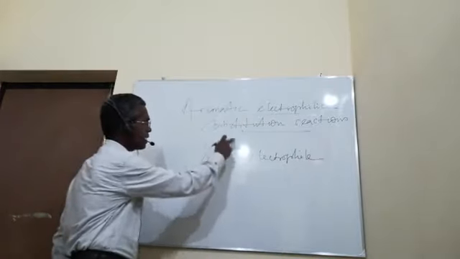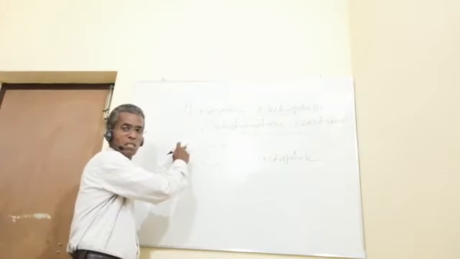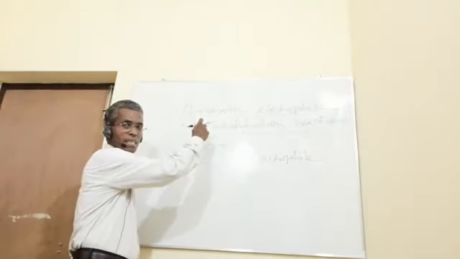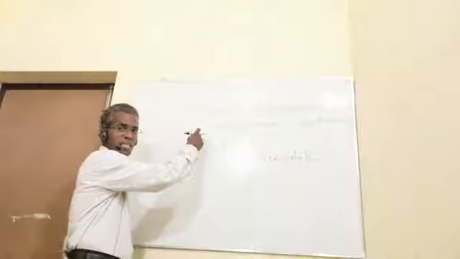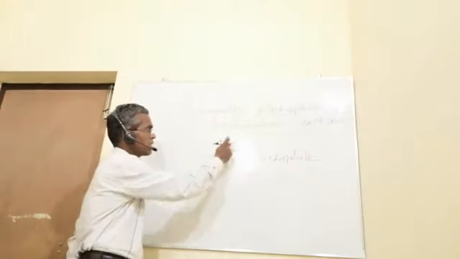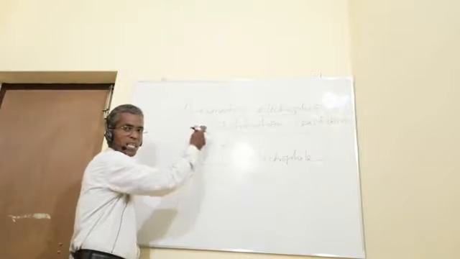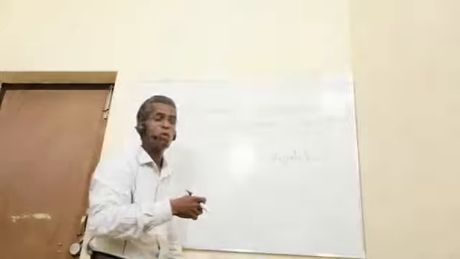Naturally, since this attacking species carries positive charge, it approaches the aromatic system where we have the excess negative charge, excess electrons. Naturally, this positively charged electrophile attacks that particular center, and in turn substitution takes place. That we will discuss slowly.